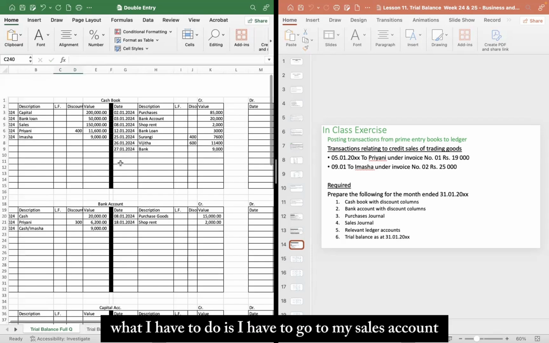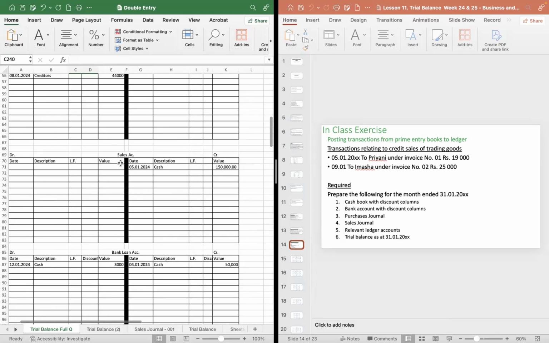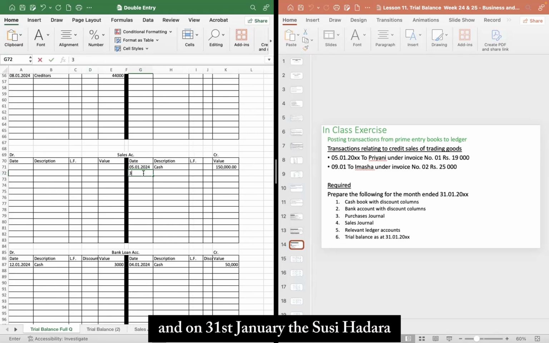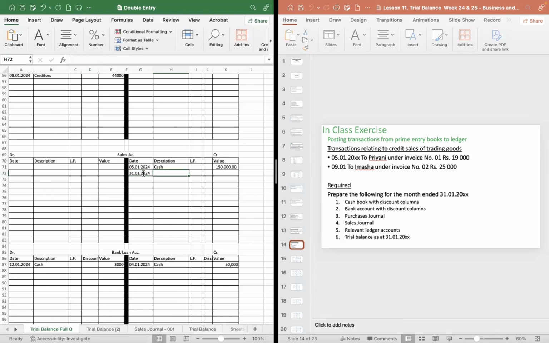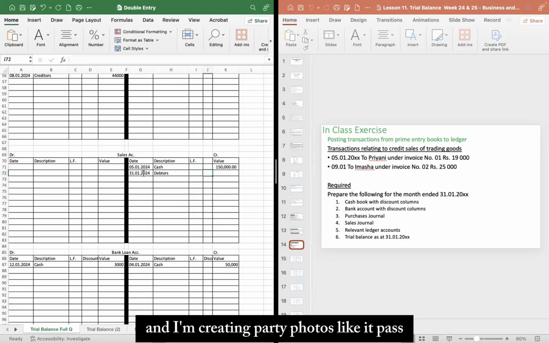So what I have to do is go to my sales account, and on 31st Jan, I will say my debtors, and I'm crediting 44,000.